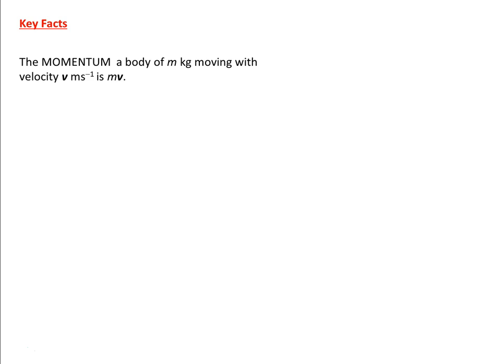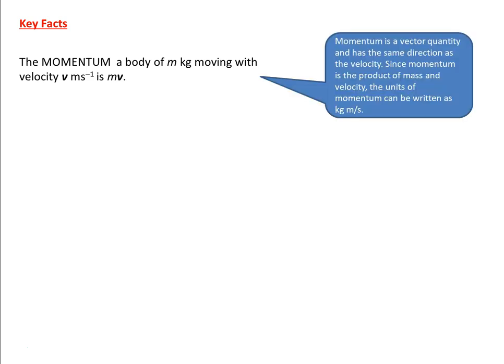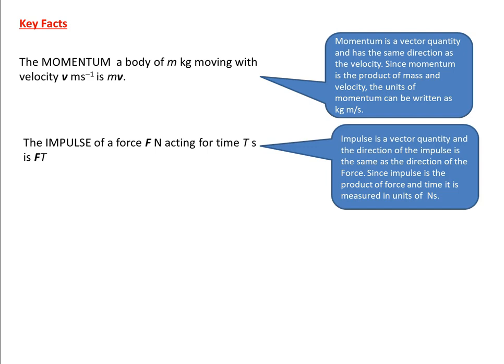So, the momentum of a body is given by m times v, where v is the velocity of the body, which of course means that momentum is a vector quantity. The impulse of a force F acting for time t seconds is F times t, which again means that impulse is a vector quantity.